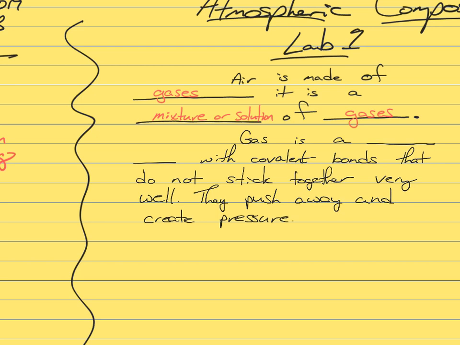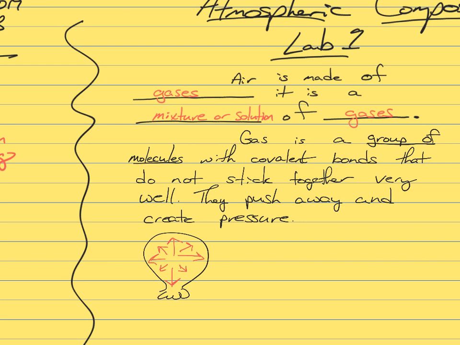Now, gas is a blank. It's a group of molecules with covalent bonds that do not stick together very well. They push away and create pressure. And the example that I gave you in class was that of a balloon, and I showed you the gas on the inside was pushing outward in every direction, creating this three-dimensional shape.